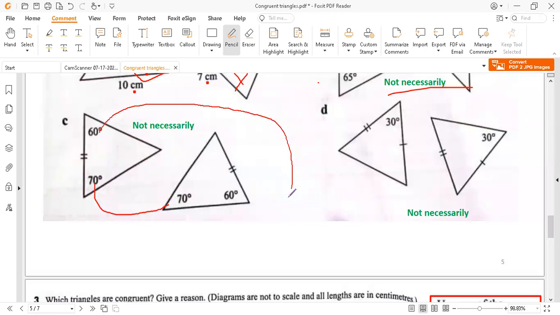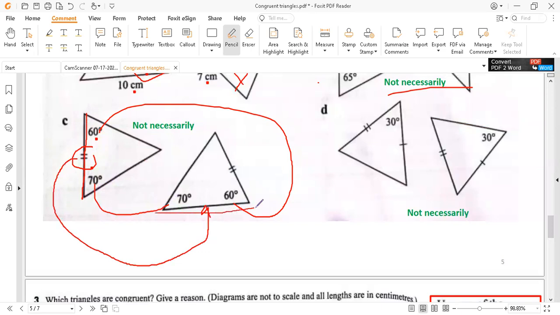We have a 60 and we have a 60. This side is adjacent to these two angles, so if we want to compare it, we want to compare it to the side located in the same area, adjacent to the two equal angles.